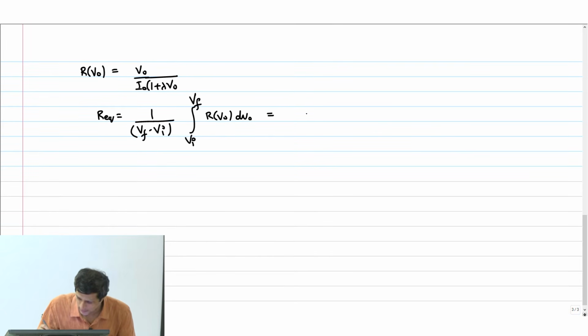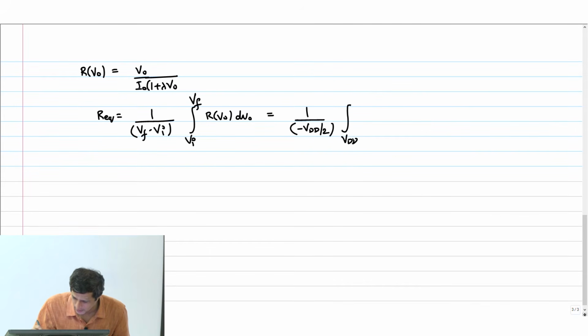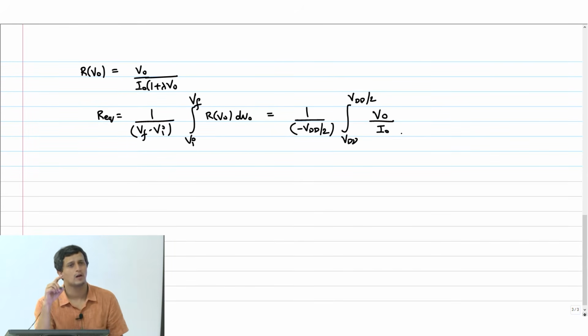So this I will now write as minus 2 by VDD, because V final is VDD by 2 and V initial is VDD, and so I'm going to write this as the integral from VDD to VDD by 2 of V naught by I naught, right? That 1 by 1 plus lambda V naught I'm going to write as a Taylor series because lambda is very small. I can expand this approximately as 1 minus lambda V naught.